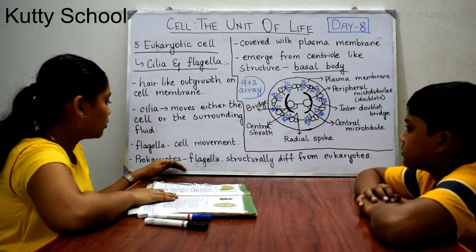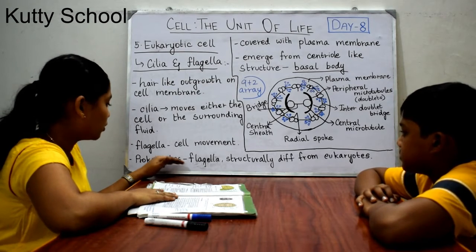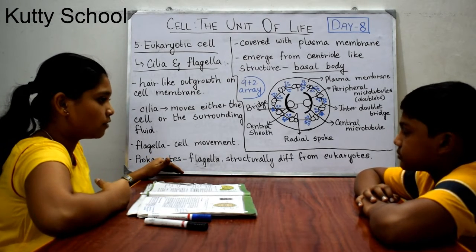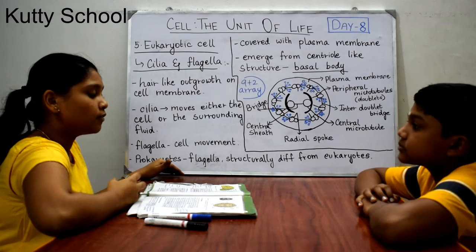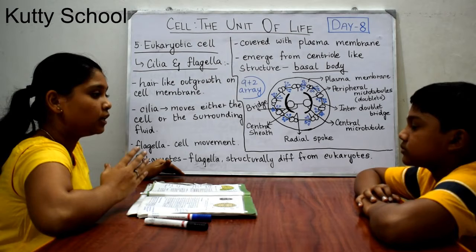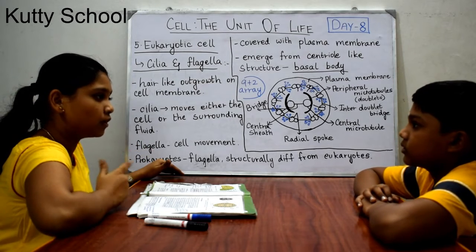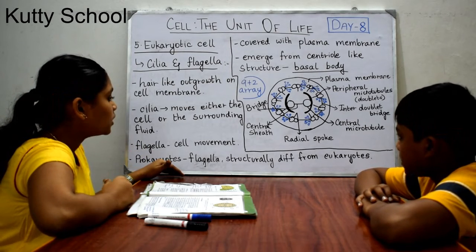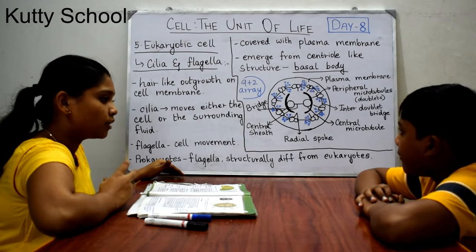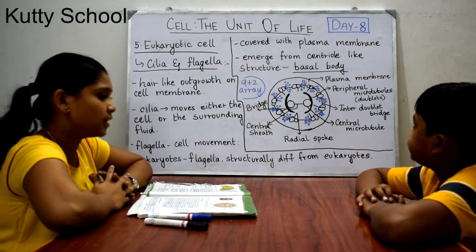Prokaryotes also have flagella, and eukaryotes also have flagella, but the flagella present in prokaryotes are structurally different from those of eukaryotes. So now we are going to see the structure of only eukaryotic flagella and cilia.